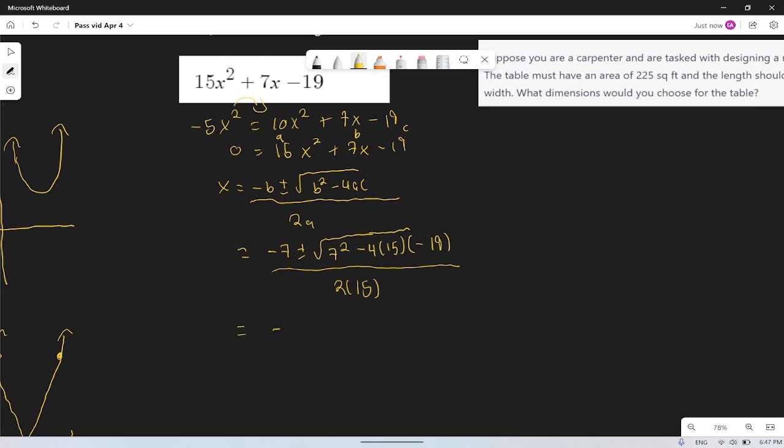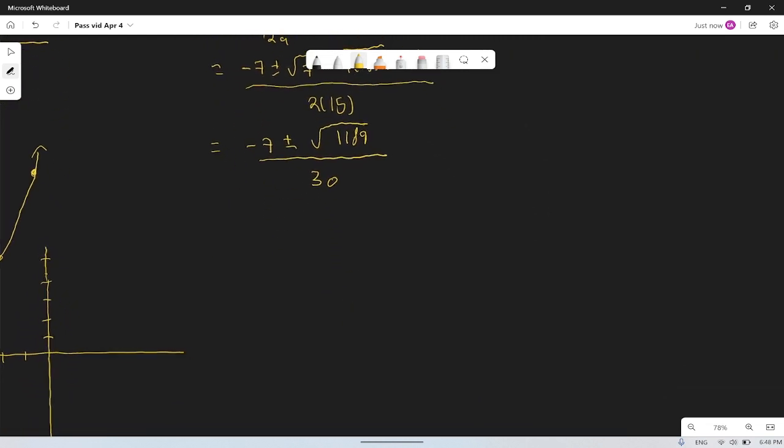So this gives us negative 7 plus or minus, let's see what that equals, the square root of 1189. I like to leave my answers exact until I put it into my calculator for my final answer.